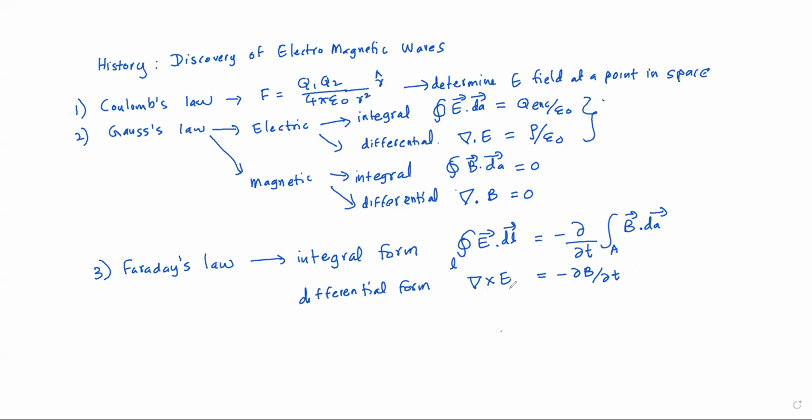So the curl of the electric field at a certain point is equal to the amount of flux changing at that point per unit time. The minus sign is coming because of Lenz's law.